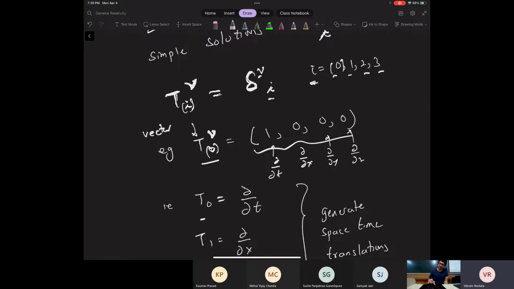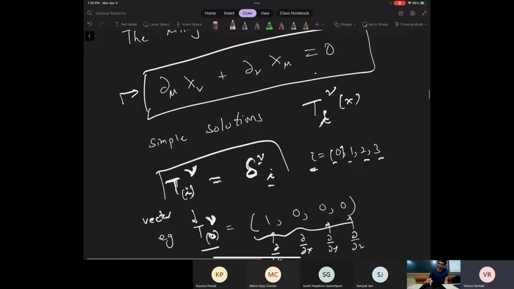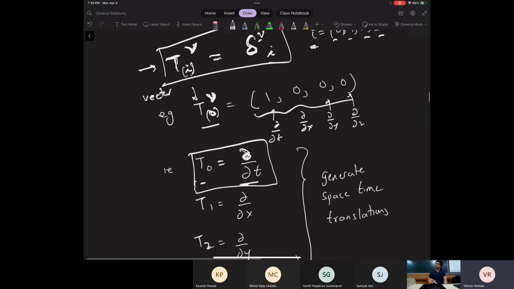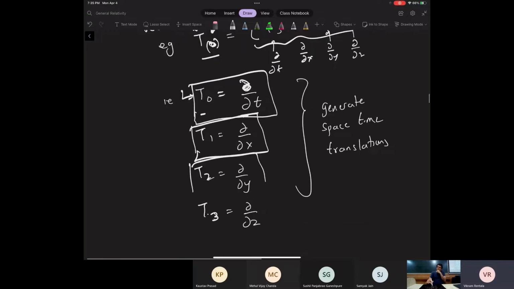So T0, instead of writing it in these components, I can just write as 1 times partial t, or just partial t. So these vectors, expanded in terms of basis vectors: T0 is just partial t. Similarly, T1 is partial x, T2 is partial y, T3 is partial z.